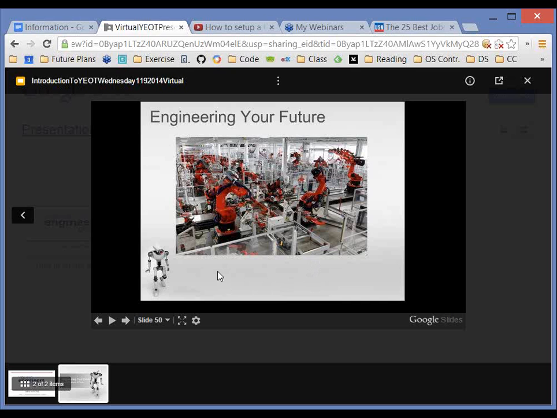So the point of this graph is not, if you want to make the most money or make a lot of money, go into petroleum or chemical engineering. The point of this graph is, pick something that you can do something with. That said, you should pick what your passion is.